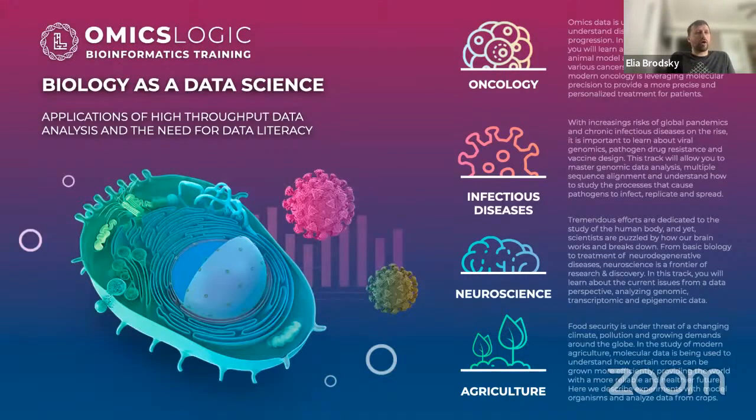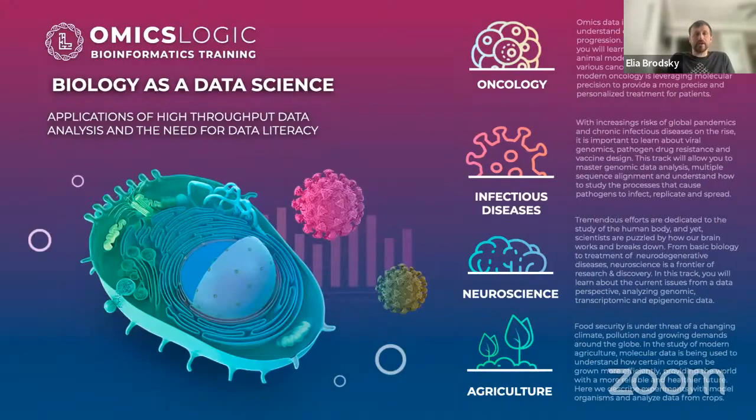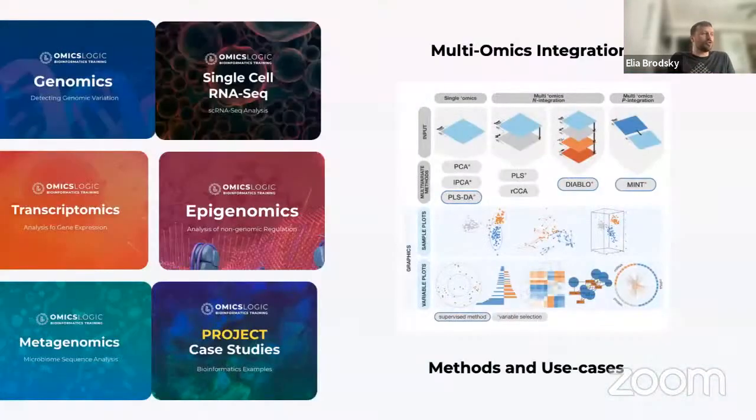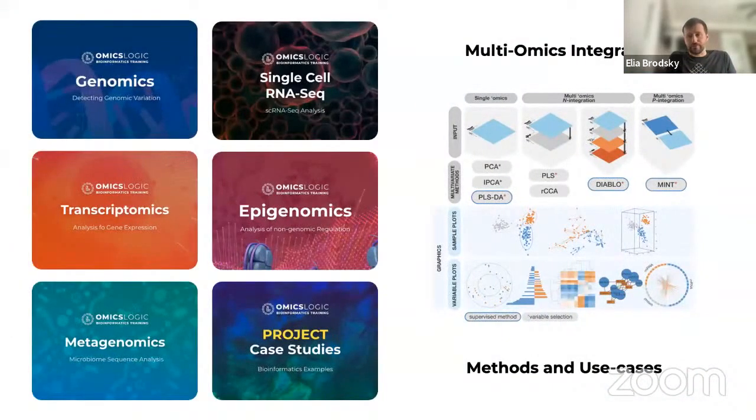So what are some of those directions in these domains? In each one of these domains, we are looking at really an explosion of different types of data, such as genomics, transcriptomics, epigenomics, metagenomics, many other types of data that essentially speak about biological phenomena at a very detailed molecular level, right?